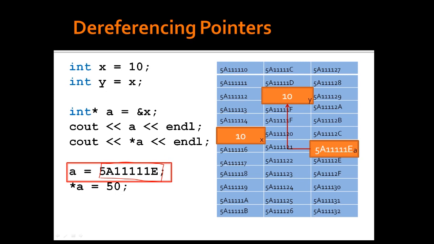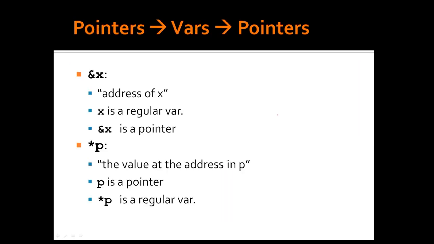So in this case, what I'm saying is I want you to go ahead and point it to 5A1111E, and that just represents another location. And so when I say star a equals 50, because we're saying that this is the location of where y is, and we just kind of made up that number, that is now going to change to be 50.